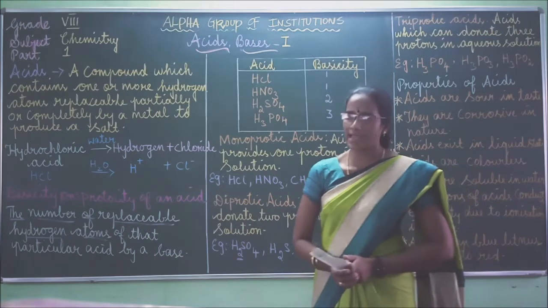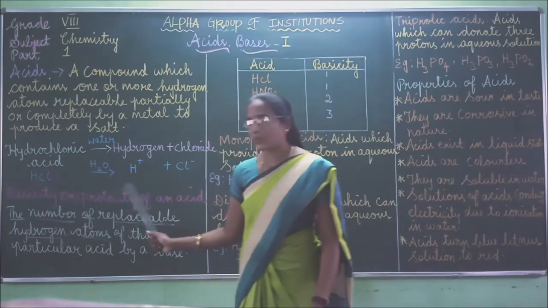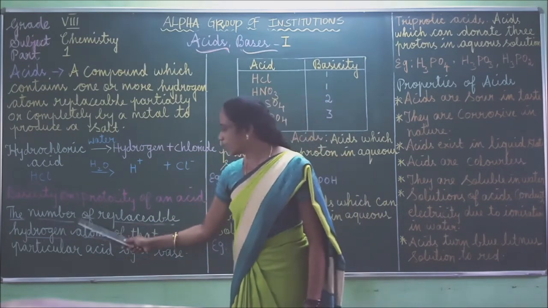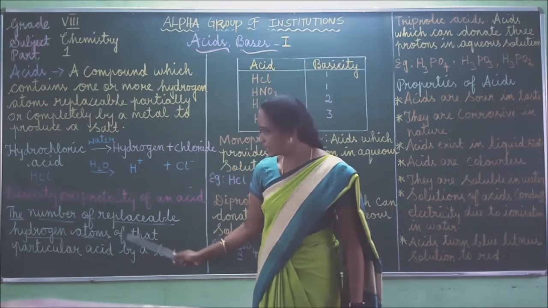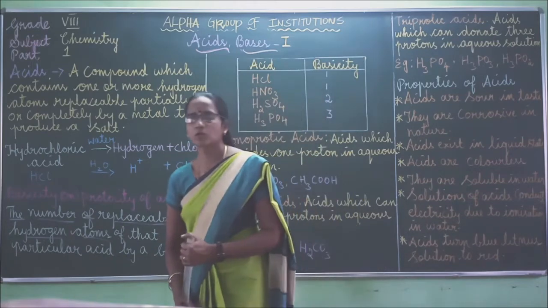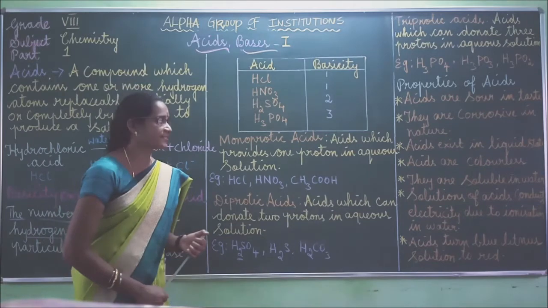Basicity or protonicity of an acid is defined as the number of replaceable hydrogen atoms of that particular acid by a base. This is known as the basicity or protonicity of an acid.